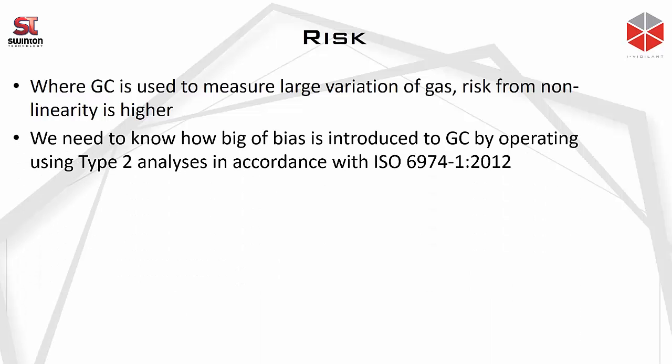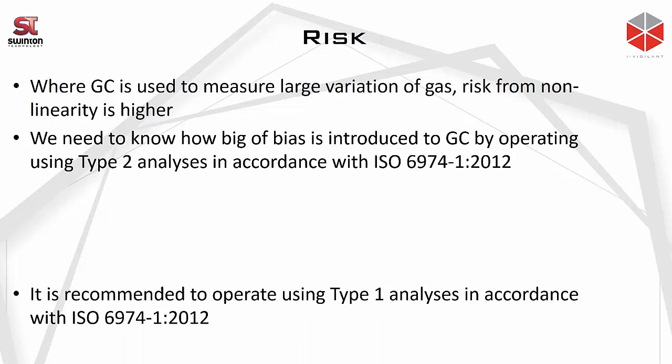So what we need to understand is how big a bias is introduced to the GC by operating a type 2 analysis. The type 2 analysis is the one where we don't implement the constant in the GC. If we know the bias, then we can decide whether we need to operate in type 1, or we can leave the bias and include it as part of our uncertainty budget.